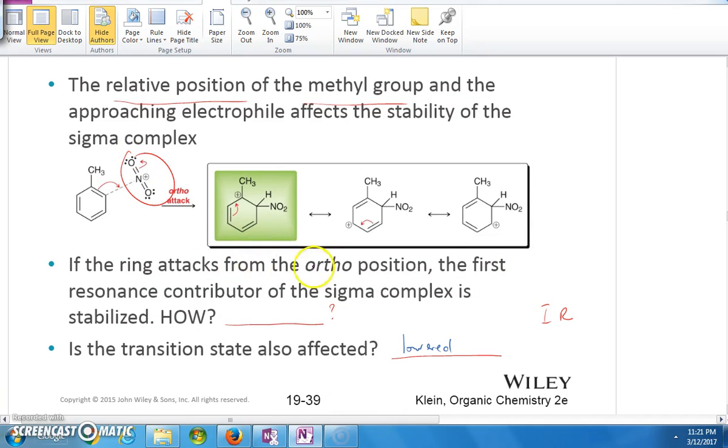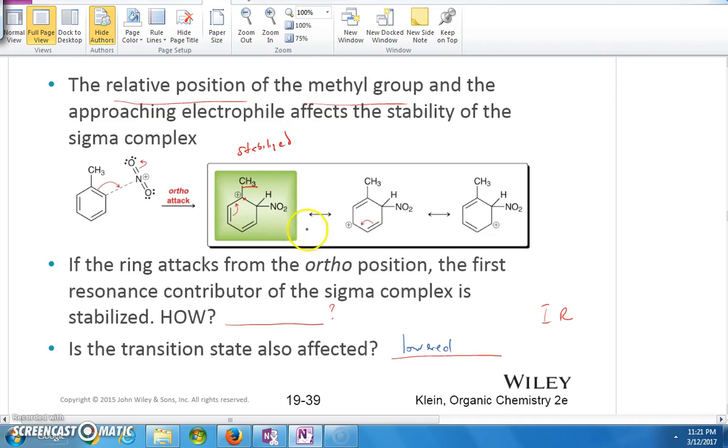As you can see here, the carbon bearing the methyl group is positively charged, and because it is a positive charge, it's significantly stabilized by the electron releasing effect of the methyl group.